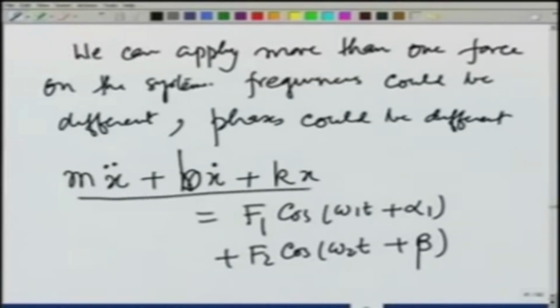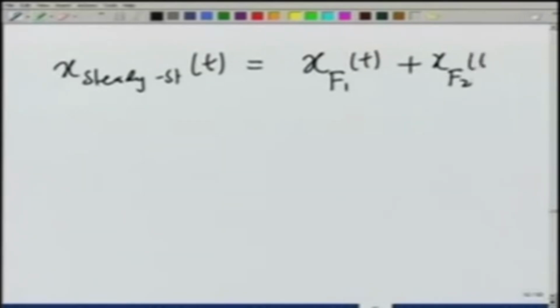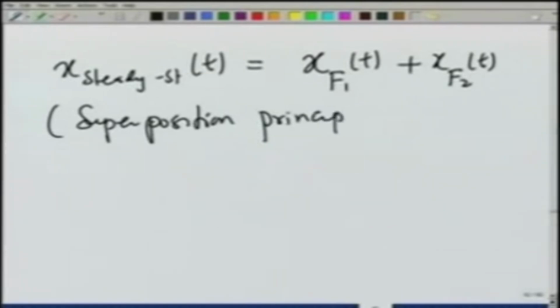Recall that this is a linear equation, and therefore, principle of superposition holds. If I were to look at only steady state solution, x steady state, it would be solution corresponding to F1 plus solution corresponding to F2. This is because of the superposition principle that tells me that for any linear equation, the sum of the two solutions is also a solution.